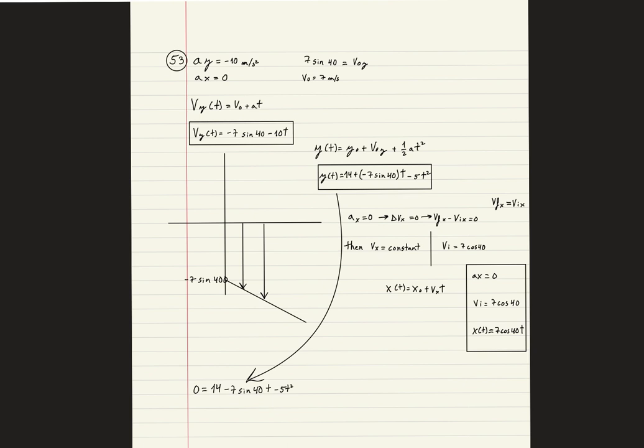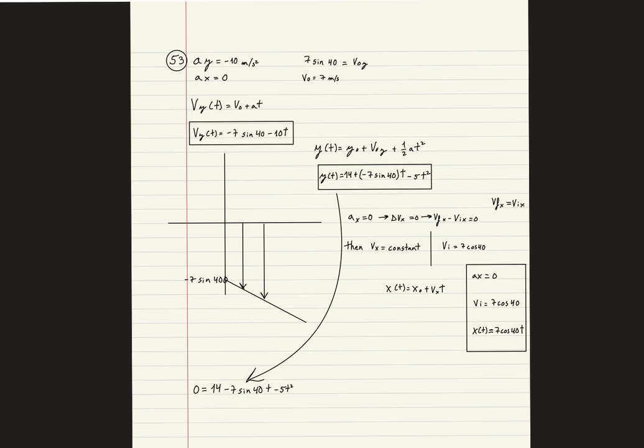A_y of negative 10 meters per second squared, A_x of 0, which is acceleration of 0. 7 sine of 40, which is the initial velocity of Y. And the initial velocity of X, 7 meters per second.